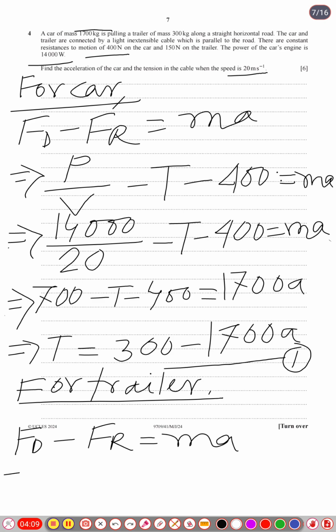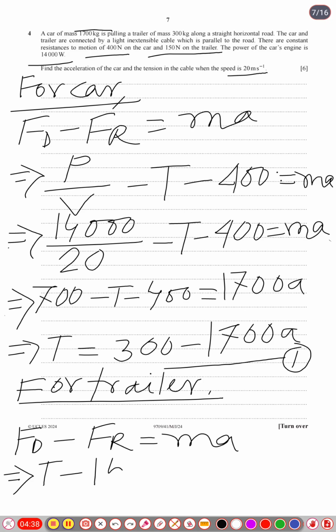Actually, the trailer has no driving force except the tension, because the trailer was actually pulled forward by the car. That's why the tension in the cable is the driving force. So let's write tension, and the resistance force on the trailer is, how much is it? Yes, it's given 150.